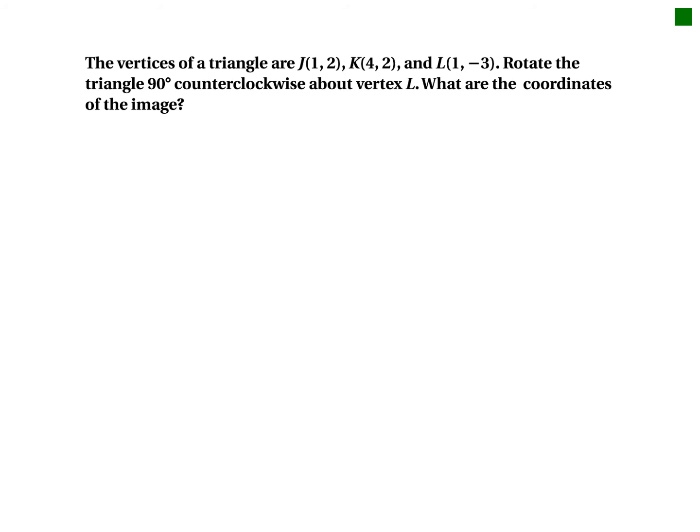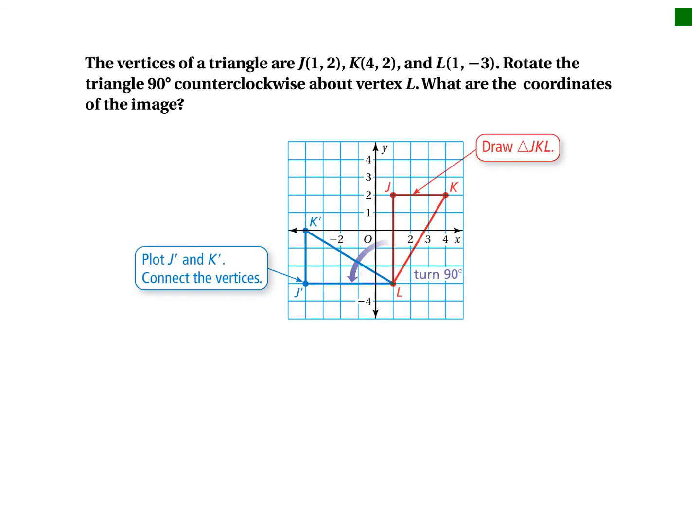Another example is a triangle JKL, and you need to rotate it 90 degrees. So that means you're only going to rotate this one turn counterclockwise about, here's something different, the vertex L. That means you're just going to turn your paper at this point here, like putting your pencil right here and turning your paper.